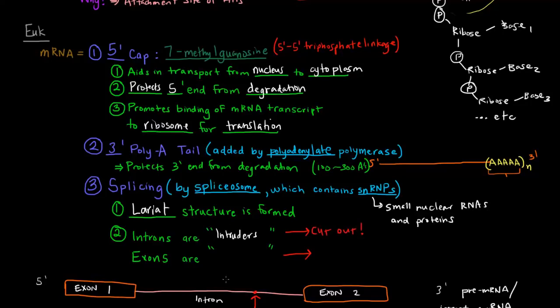Exons are exceptional, they're the exceptions. I could just write exceptions, or exceptional, however you want to remember it. But these exons stay in. So the introns are spliced out, the exons stay in.